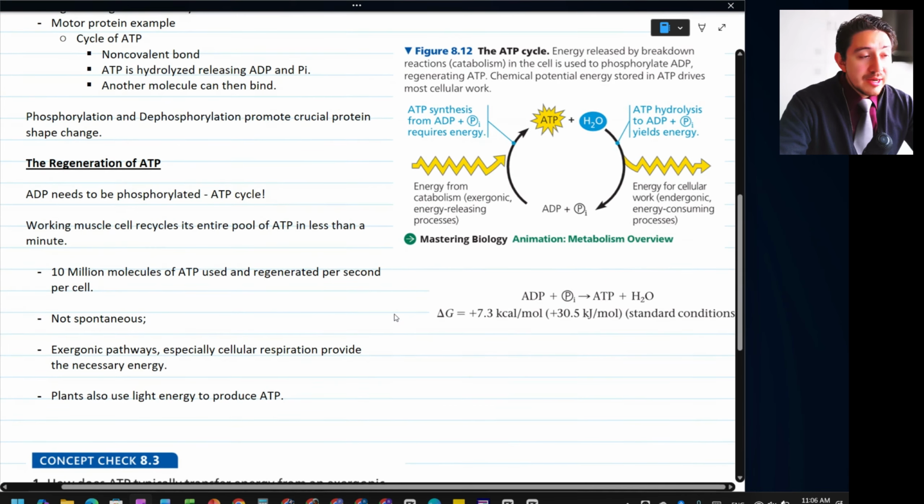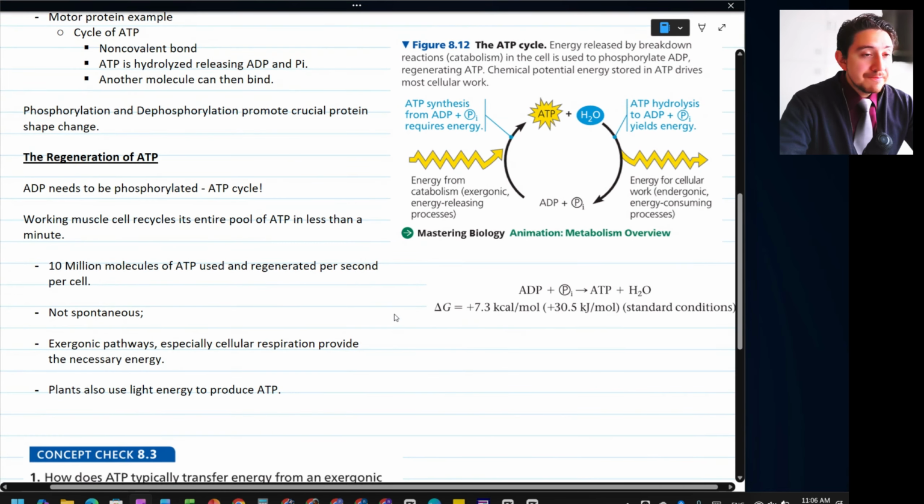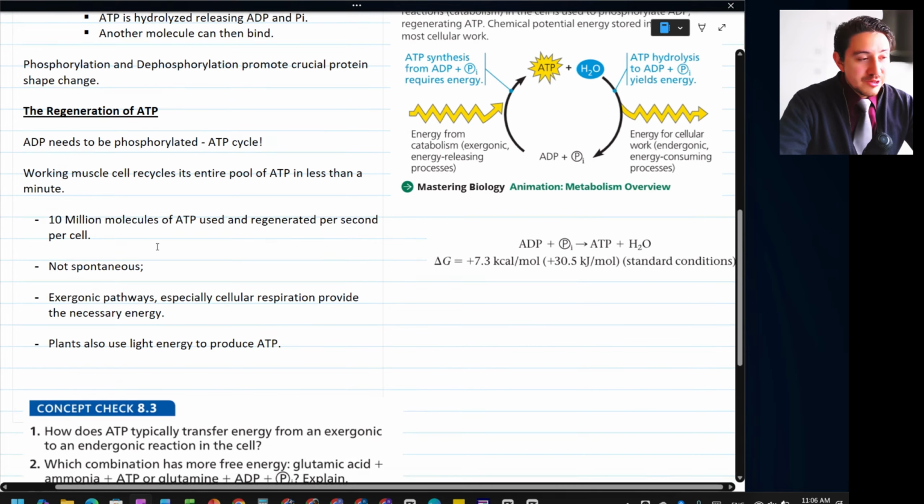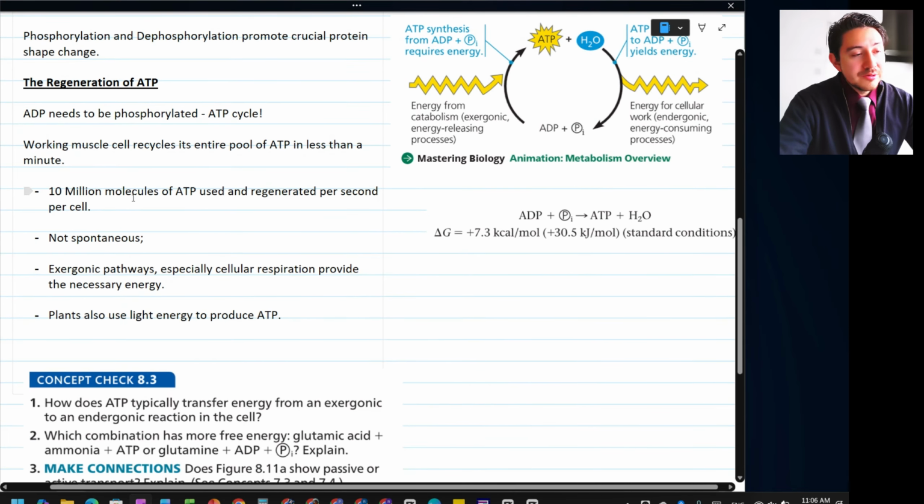So, the regeneration of ATP. This is called the ATP cycle. We're going to see this again in cell respiration. ADP needs to be phosphorylated, because it needs to get that third phosphate back. Working muscles recycle their pool of ATP in less than a minute. That's very interesting information, right? 10 million molecules of ATP are used and regenerated per second per cell.